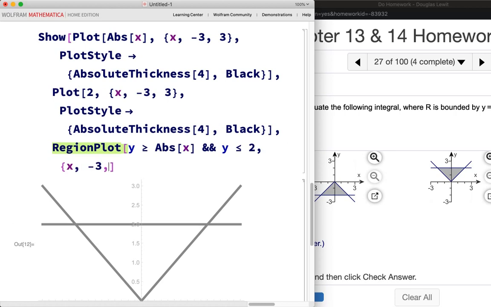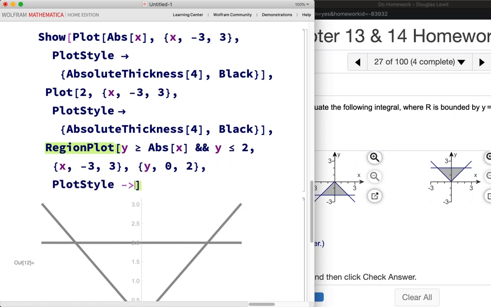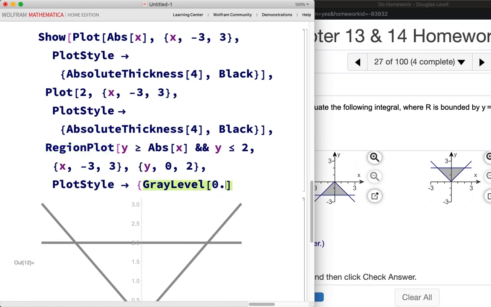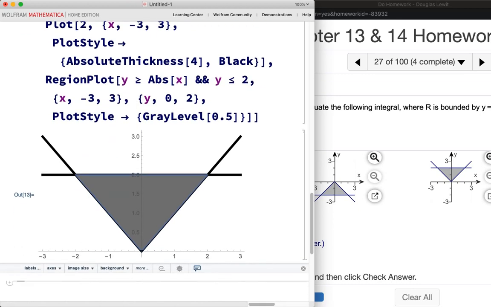X goes from -3 to 3, and y goes from, obviously, 0 to 2. And plot style, gray level 0.5 is just going to look very gray. And there we go.